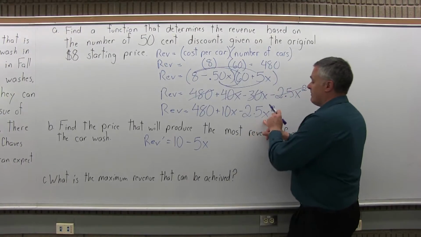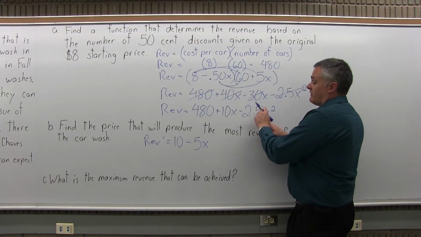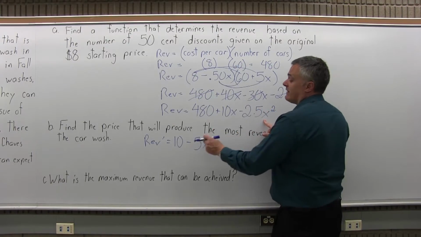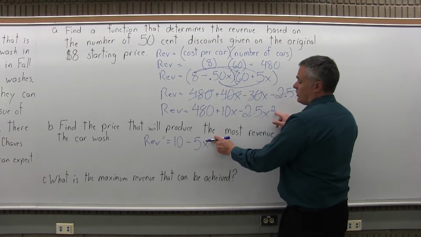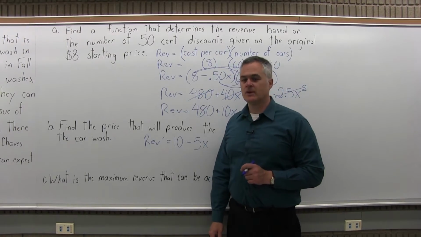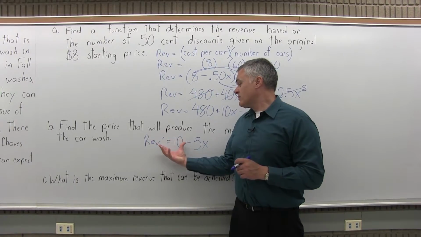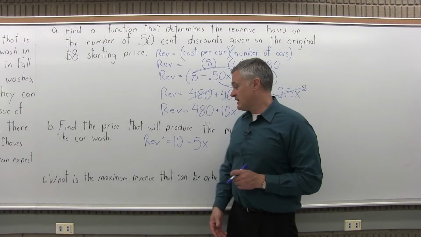My exponent of 2 came down times the number in front, negative 2.5. 2 times negative 2.5 is minus 5. X to one less power, that second power drops to a first power. Now that I have the derivative of the revenue function, the next thing I'm going to do is set it equal to 0.